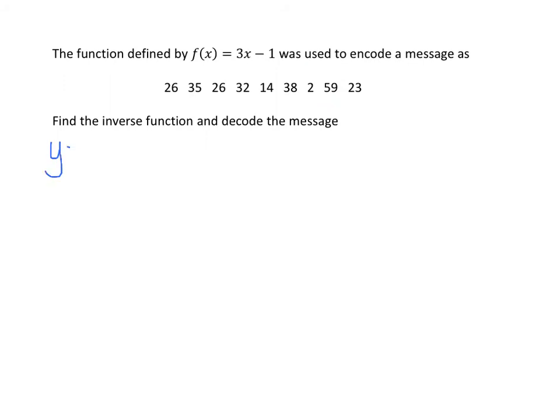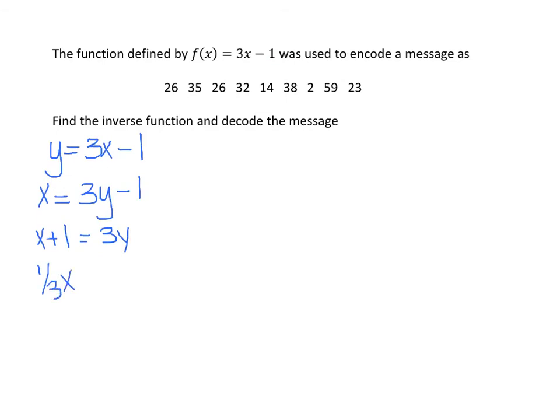So we rewrite it, switch the x and y, and solve. So now I know that the inverse is 1/3 x plus 1/3.